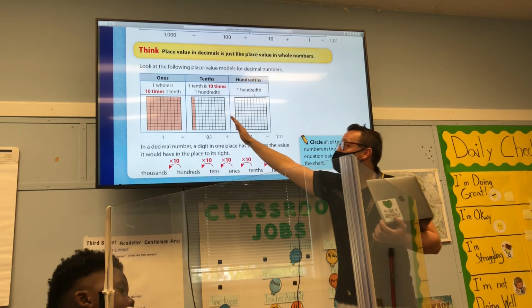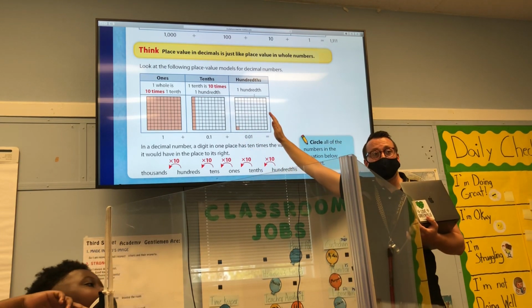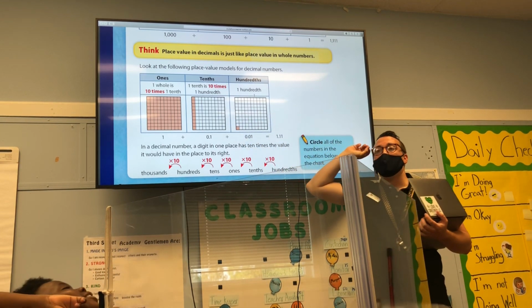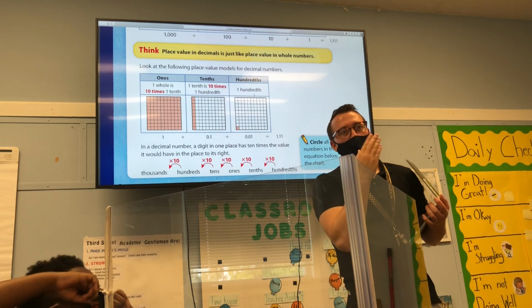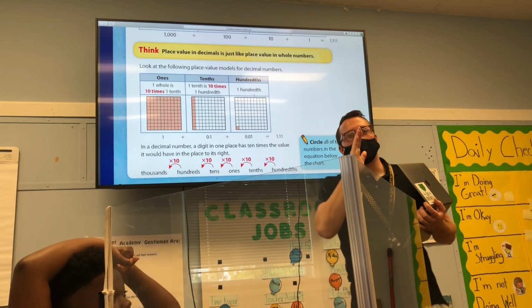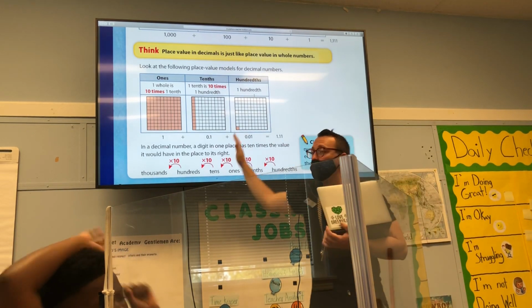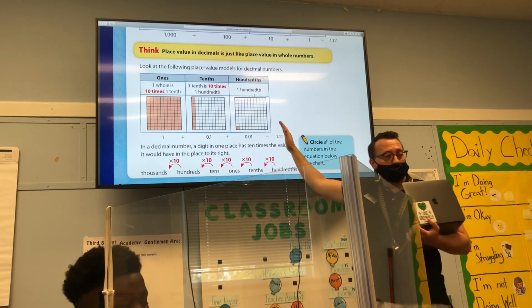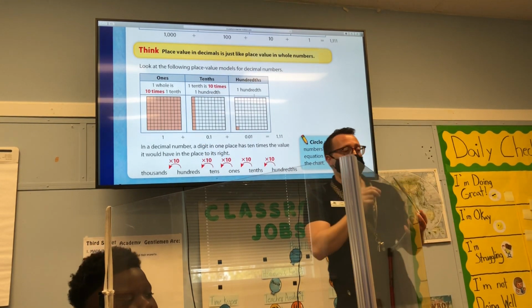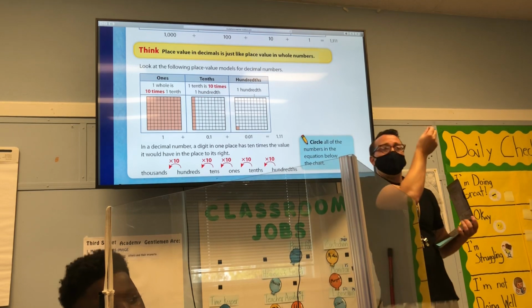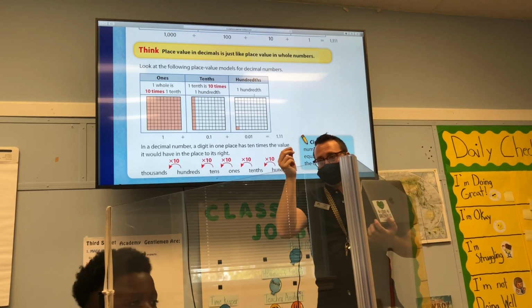And same thing, if I moved another one, since it goes by tens, I would have a thousandth of a whole piece. Okay? Each step you go, whether it's forwards or backwards, they are always by powers of ten. So either you're going to be times 10 or dividing by 10.